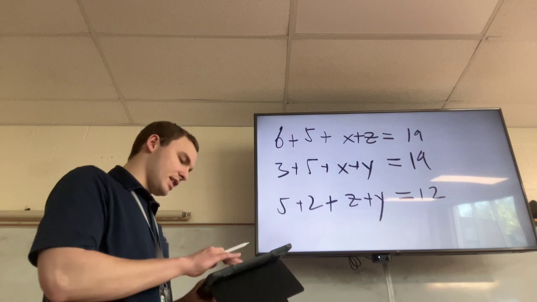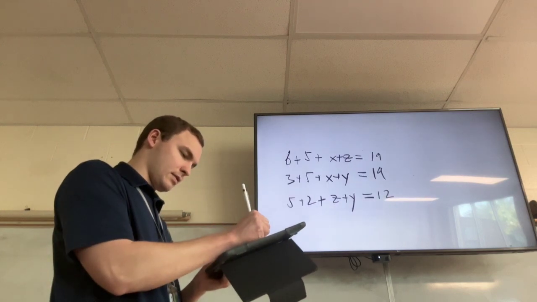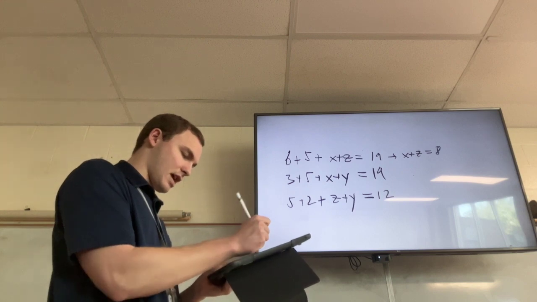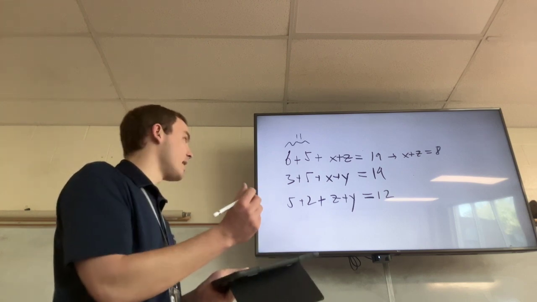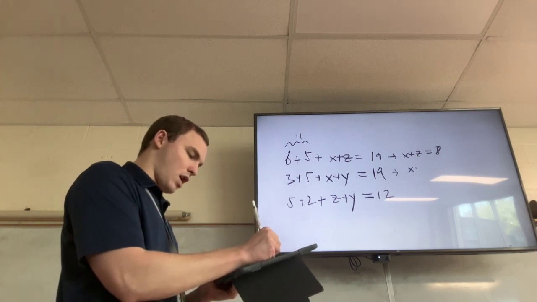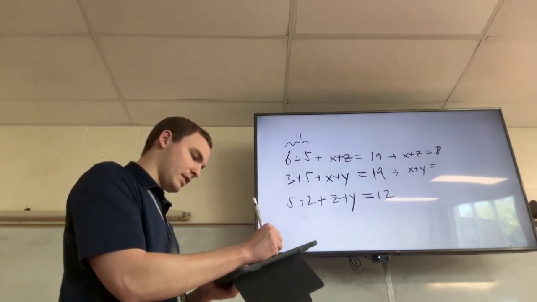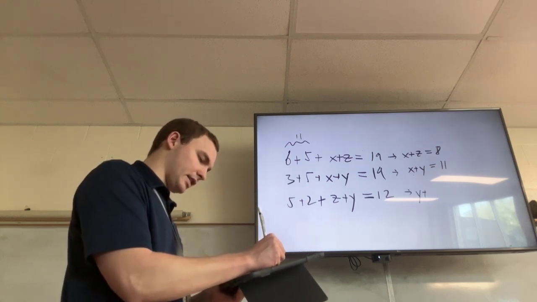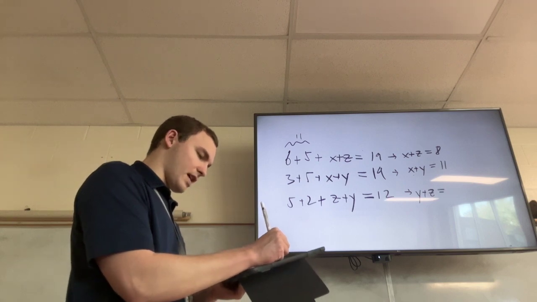So let's combine these and simplify. We get X plus Z equals 8 for that one. This equals 11, and 19 minus 11 is 8. This gives you X plus Y equals 11. This gives you Y plus Z equals 5.